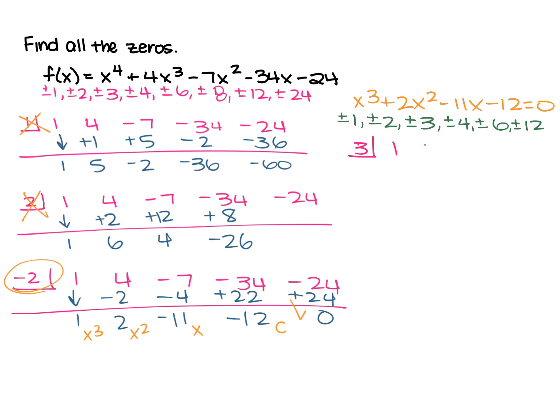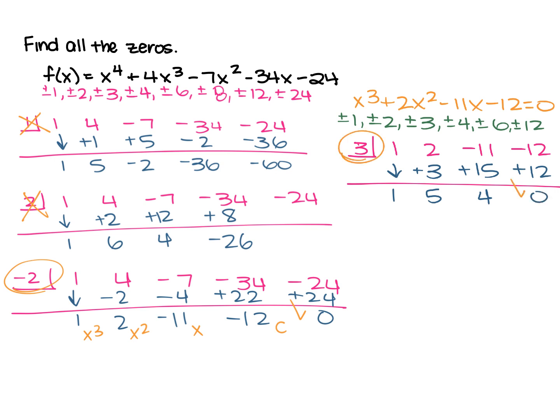We're going to have 1, 2, negative 11, and negative 12 on the inside. 1 drops down, times 3 is 3, plus 2 is 5, times 3 is 15, minus 11 is 4, times 3 is 12. That gives us 0. So this is the 0 we're looking for. This 3 is also a solution.